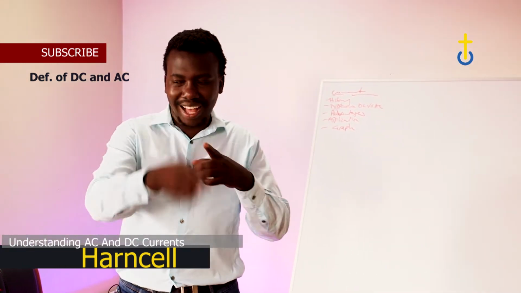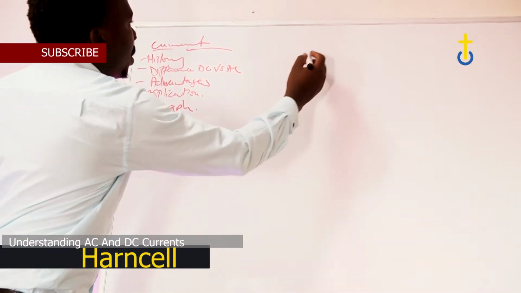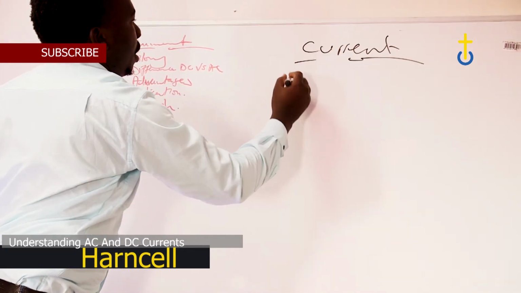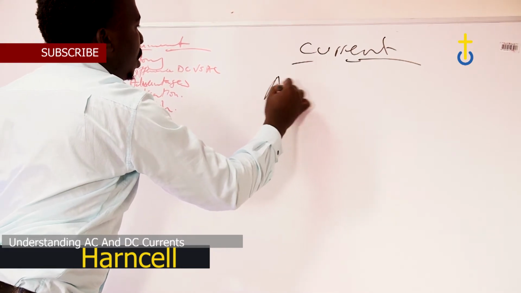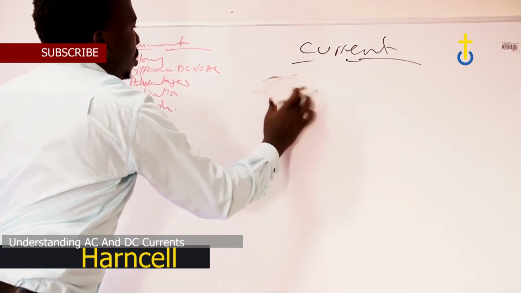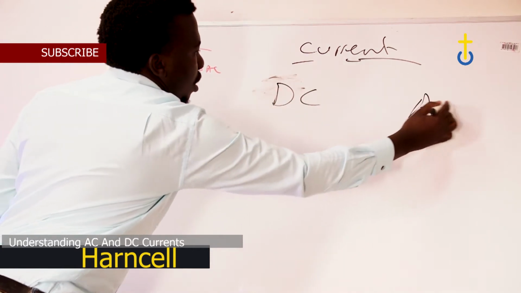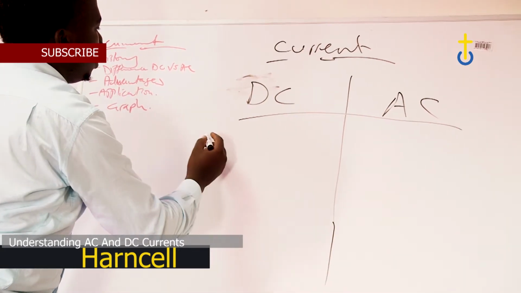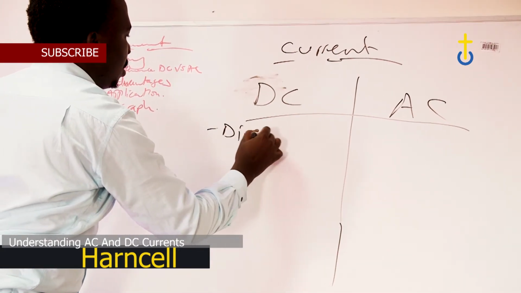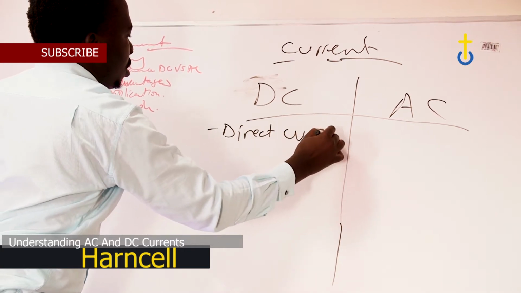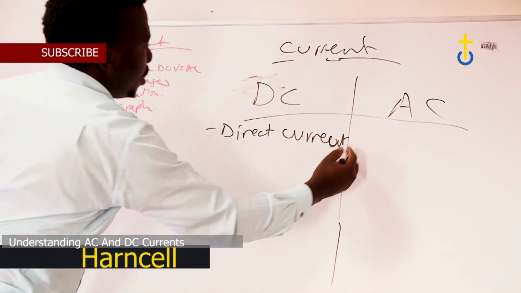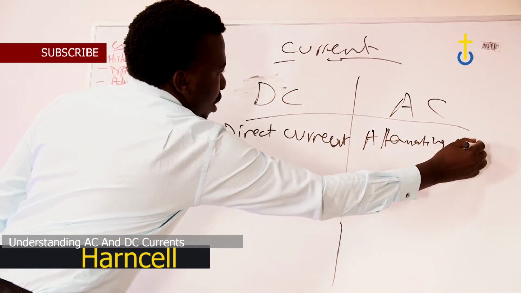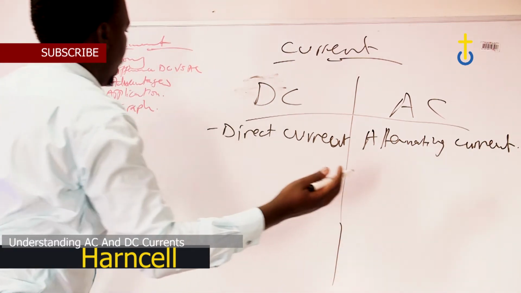Is that cool? Cool. So we've spoken about DC and AC. We've said DC is direct current and AC is alternating current.